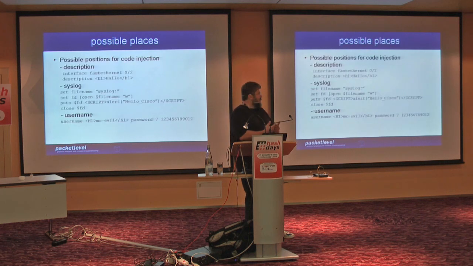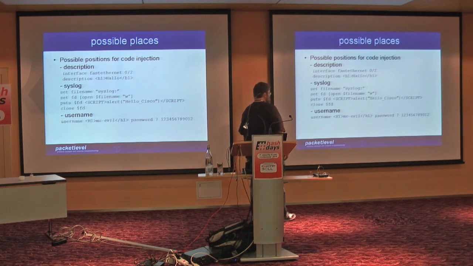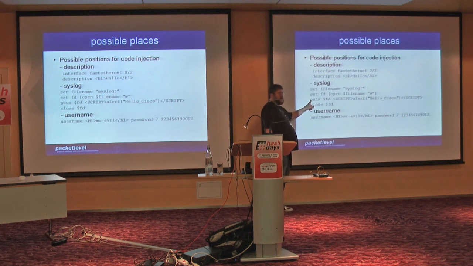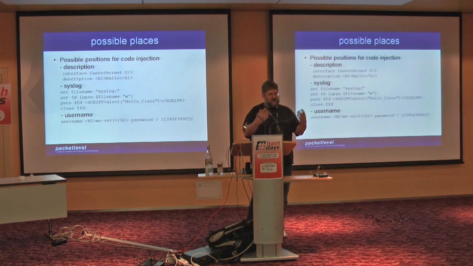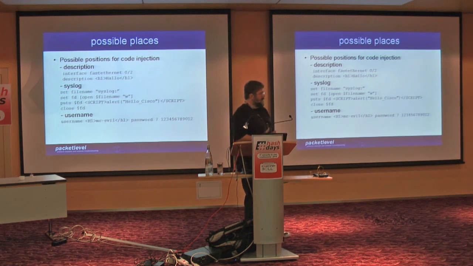You can write HTML commands or SQL injection code in the description or in the syslogs. It's very well used in other exploits that you create syslog entries with HTML code. And there are some parsers that will do whatever they do with HTML code. They create or display this if you watch the logs. Usernames, you can also make HTML tagged.